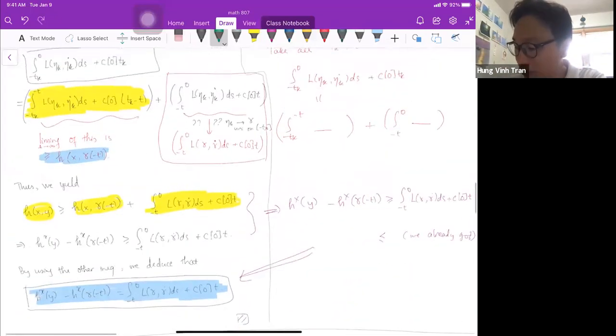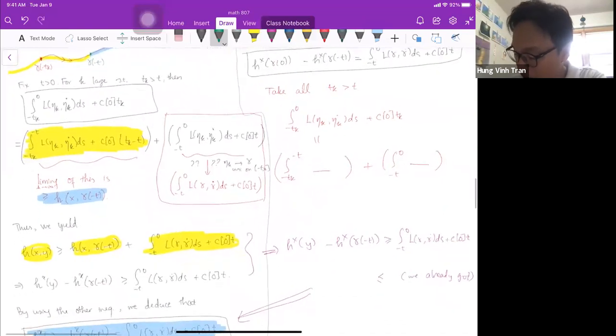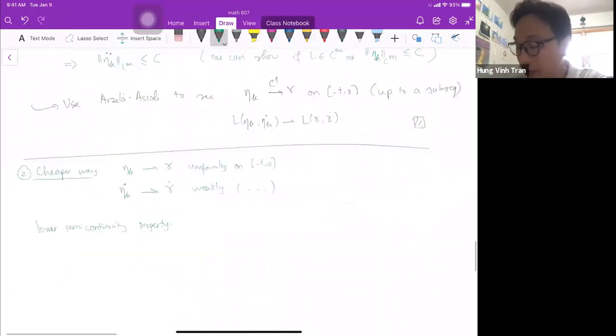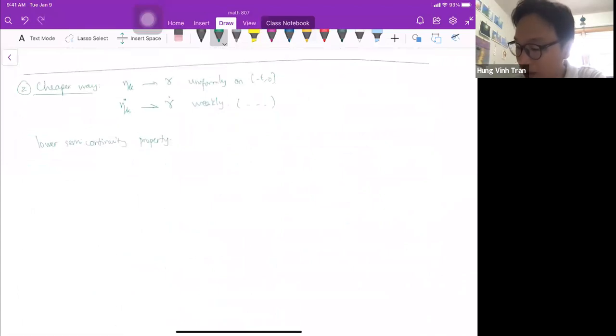If you go back here to the proof, what did you need to do? The left hand side is always h of xy. You don't need the equality here, right? What you only need is the inequality. So what you need is just the lower semicontinuity property of the action functional. You only need that the lim inf as k goes to infinity of the action is greater than or equal to the integral from minus T to 0 of L of gamma, gamma dot ds, right?